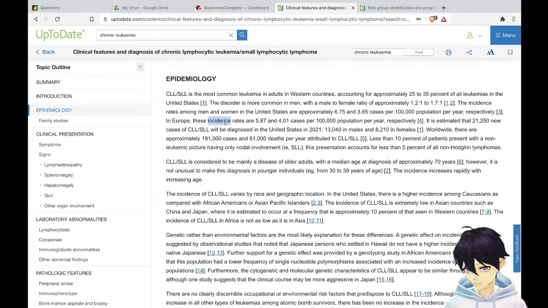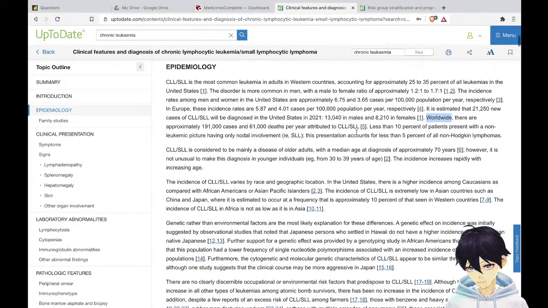In Europe, these incidence rates are 5.87 and 4.01 cases per 100,000 population per year, respectively. It is estimated that 21,250 new cases of CLL, SLL will be diagnosed in the United States in 2021. Worldwide, there are approximately 191,000 cases and 61,000 deaths per year attributed to CLL, SLL.